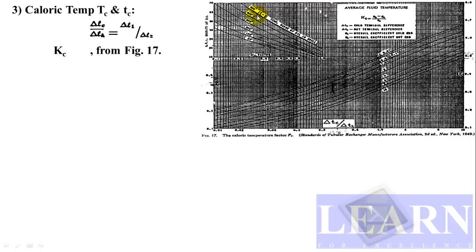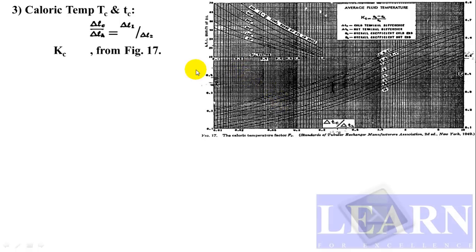We need to know the temperature difference. What is this temperature difference? T1 minus T2, in capital, or we can say the hot temperature difference, we need to take, and using that hot temperature difference and API gravity. API will be given anyways. So using these two values, we need to find the value of Kc, that is nothing but the Kc factor. So after finding this Kc factor, we'll have this Kc factor and we'll have this delta Tc divided by delta Th.